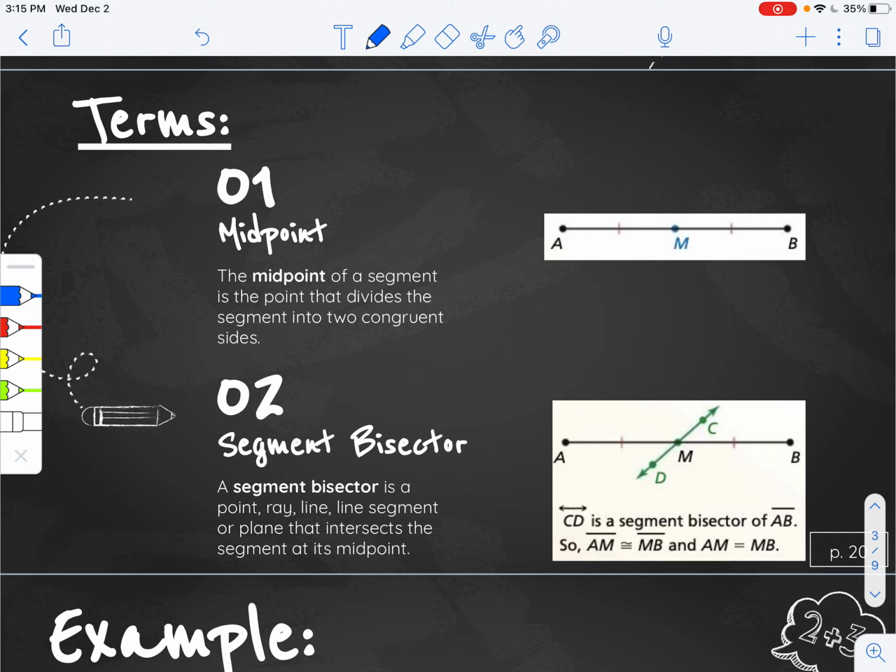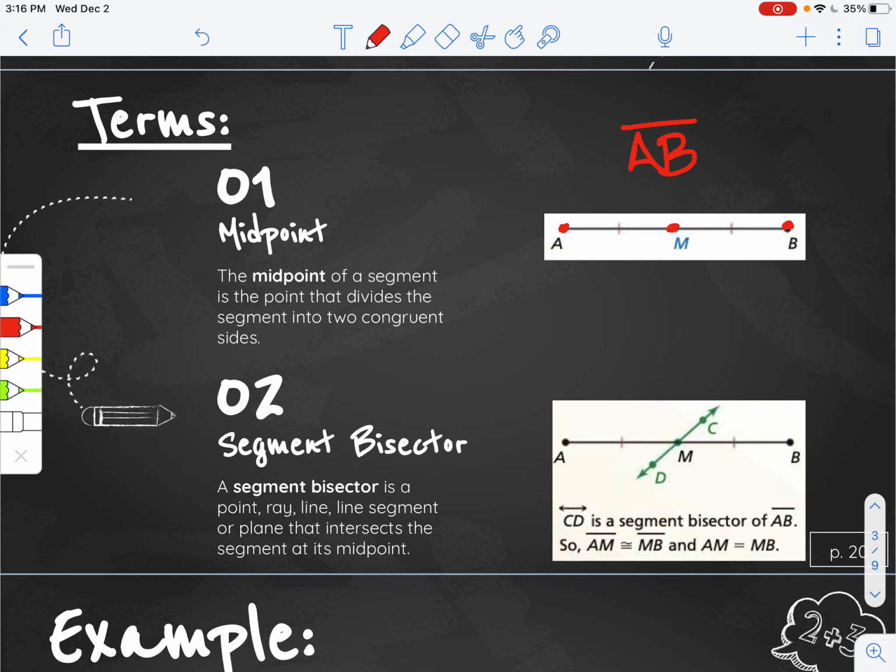The first one, midpoint. The midpoint of a segment is the point that divides the segment into two congruent sides. So over here we have a segment AB. We would label that just like this, segment AB.